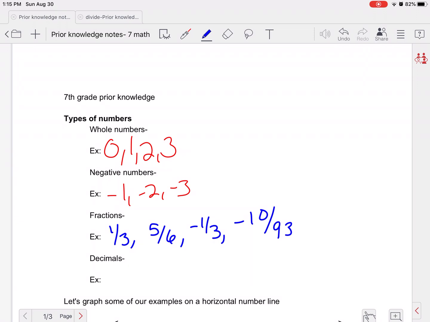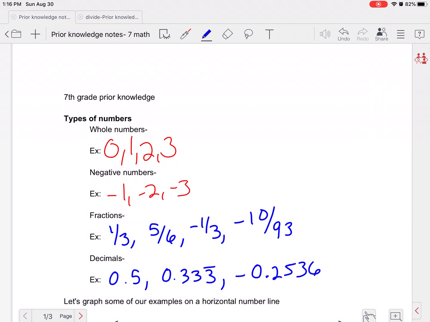Fractions can be a myriad of numbers, and fractions are what kind of fills in our numbers between our counting numbers. Same with decimals. So maybe I have 0.5, which we know is 1/2, or maybe we have 0.333 repeating. Decimals can also be negative numbers, so maybe -0.2536.